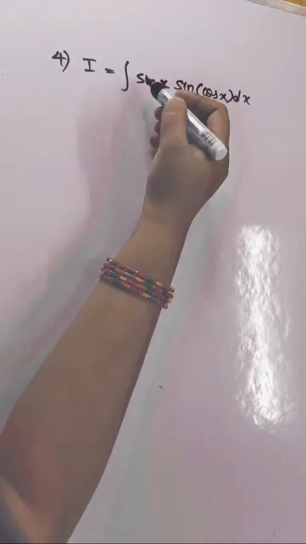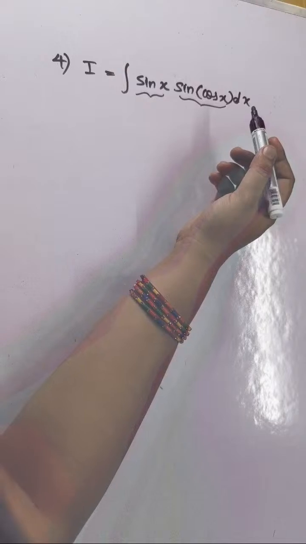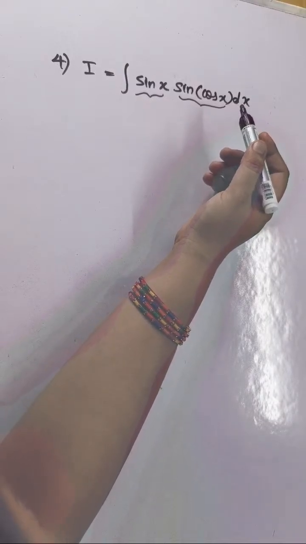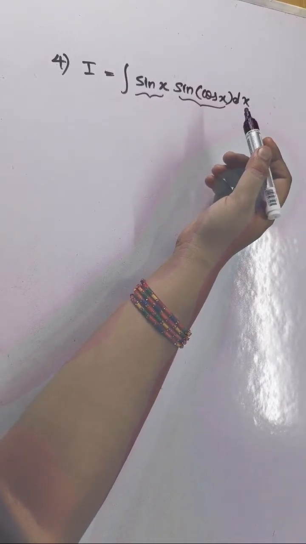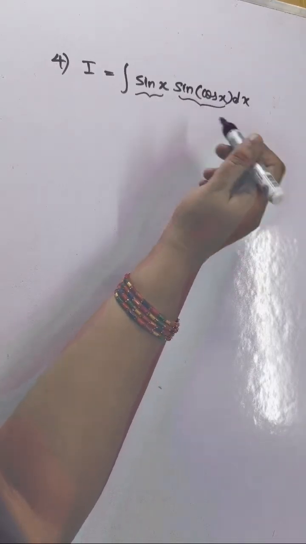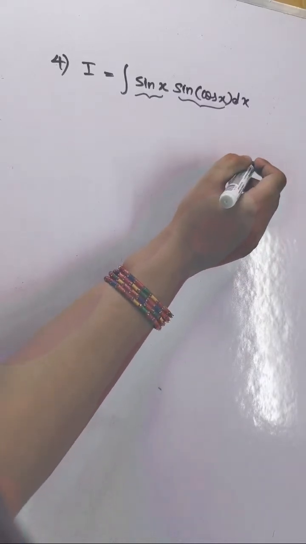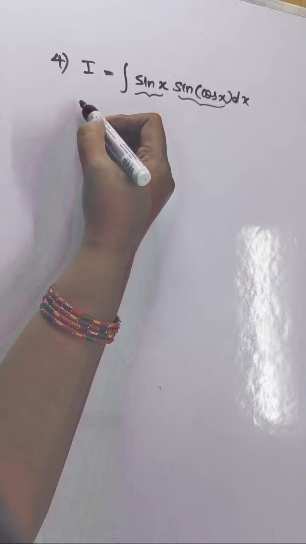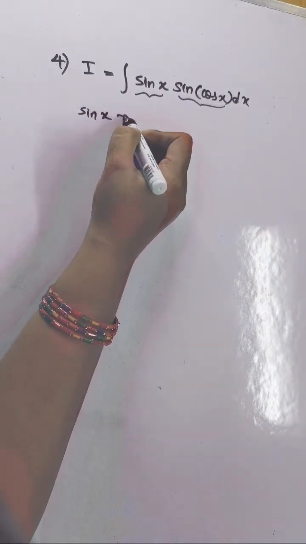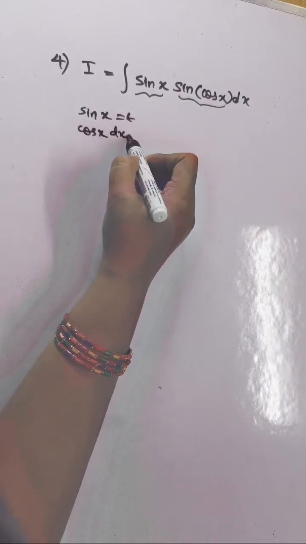Now you have sin x as one function and sin of cos x as another function. So you have to think which term, if you take it as t, lets you use the substitution method. Say, for example, if I take sin x as t, when I differentiate I get cos x into dx equal to dt.